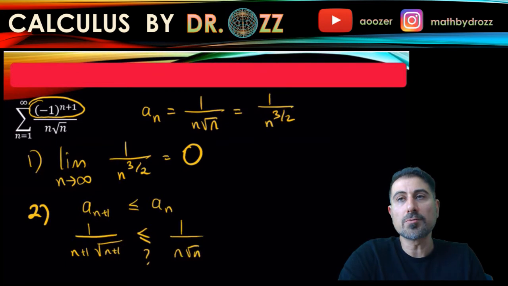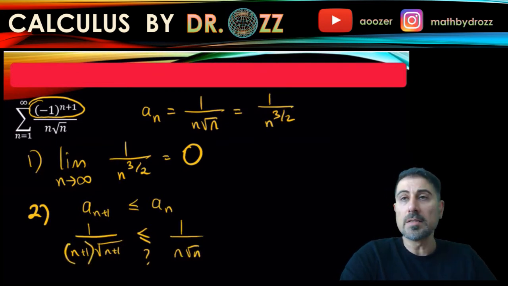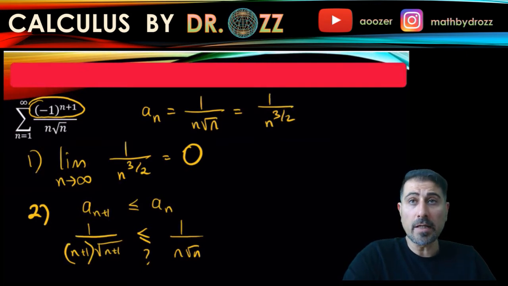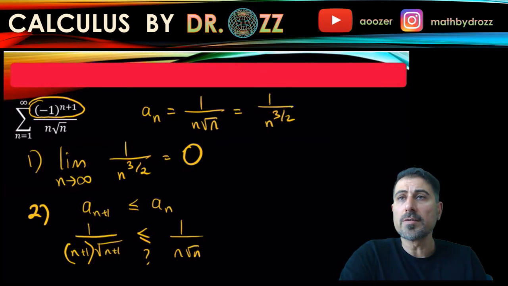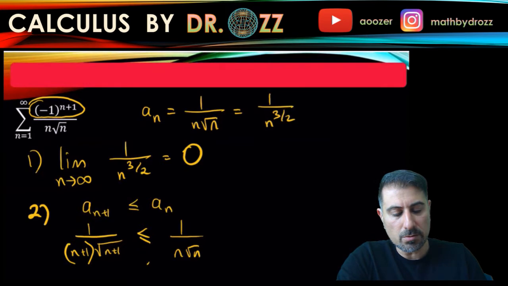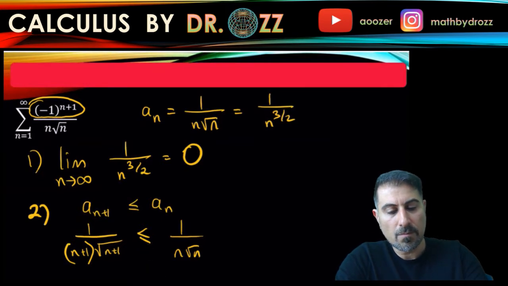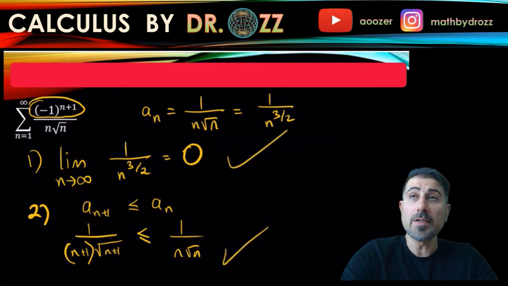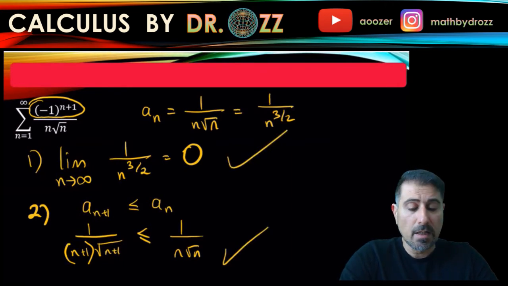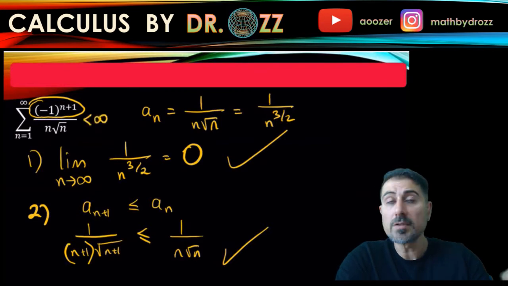Well, this is obviously true because n plus 1 and radical n plus 1 are certainly greater than n and radical n. So the bottom is bigger on the left, and you're dividing by a bigger number, so this condition has to hold true. What that means is two conditions are satisfied, and by the alternating series test, this is a convergent series.